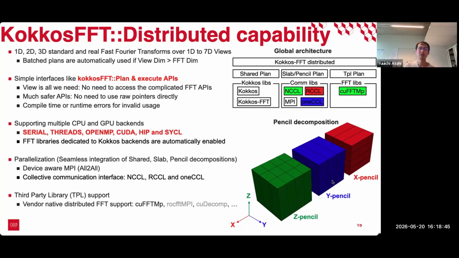The distributed FFT can be characterized by the transpose communication between these pencils, and the FFT is done along the dimension that is available, like Z FFT for Z pencil and Y FFT for Y pencil, and things like that. Currently we only support cuFFTMp as our internal TPL support, but we are planning to support rocFFT MPI or cuDecomp and the like in the future.